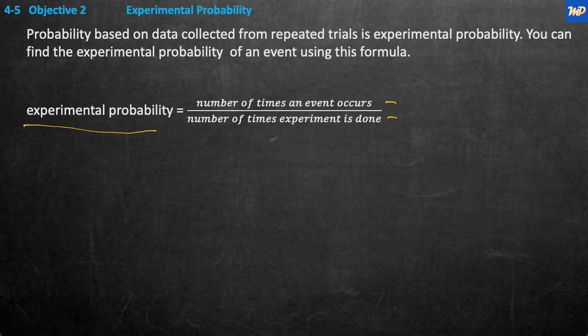For example, out of 1,000 toys, 21 of them were broken, so 21 divided by 1,000. We're going to see that come up in the next slides.